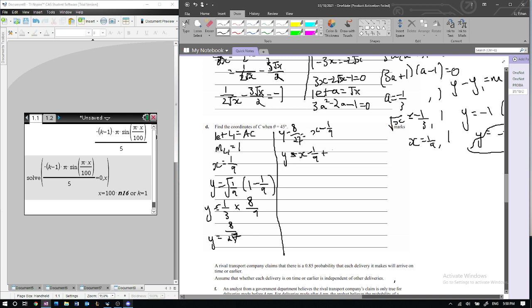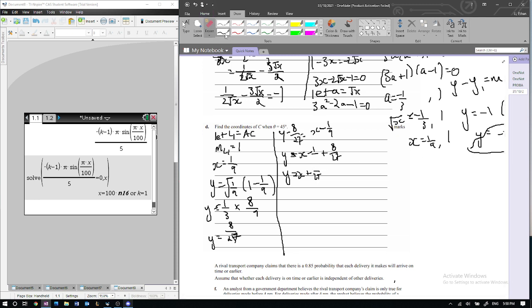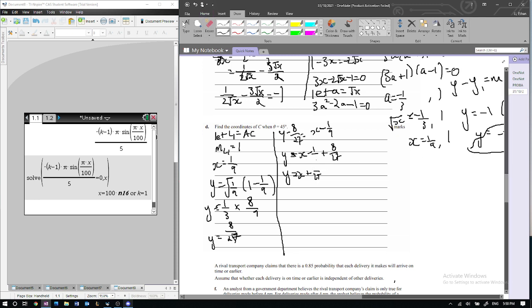Whatever. That's like 3 on 27. So y is equal to x plus 5 on 27. Oh, that should be a 5. Okay. So that's the equation for AC.